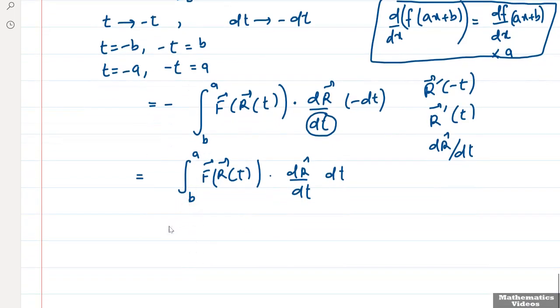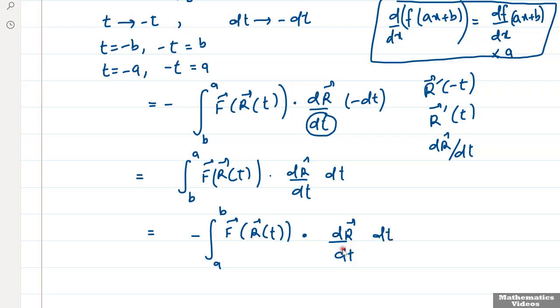Bring a downwards. If we make a the lower limit of integration and b the upper limit, then we know from basic calculus we have to put a minus sign outside. The integrand remains as it is, f of r of t dot product with dr by dt times dt.